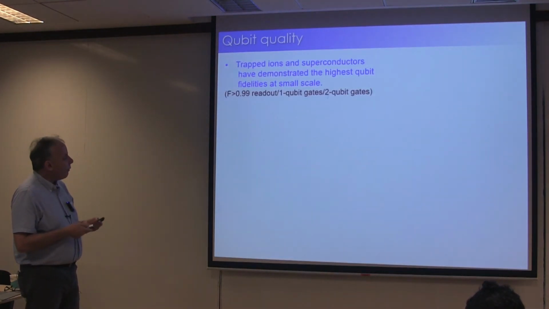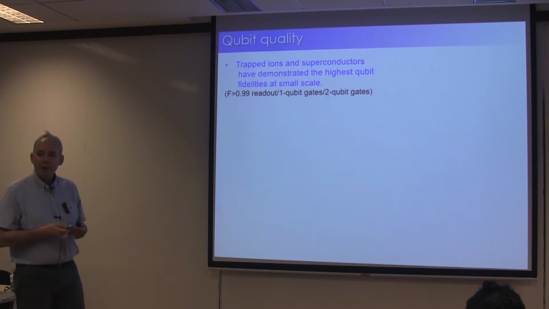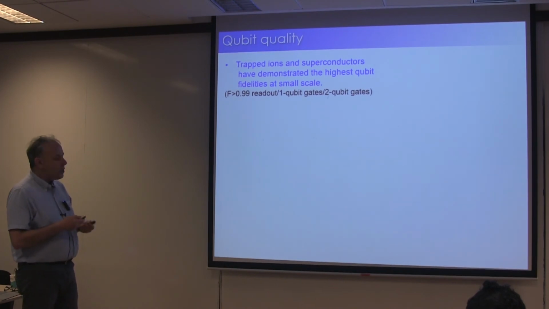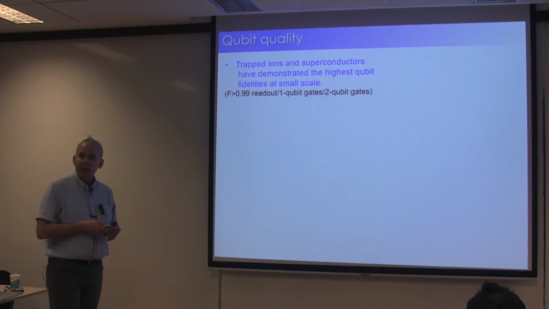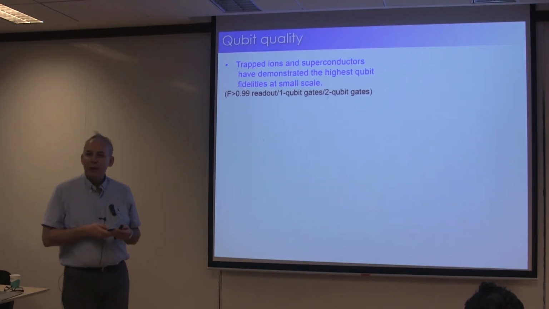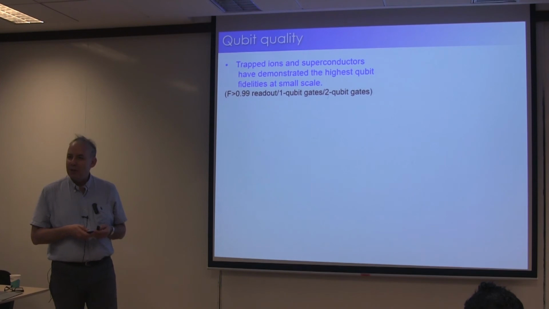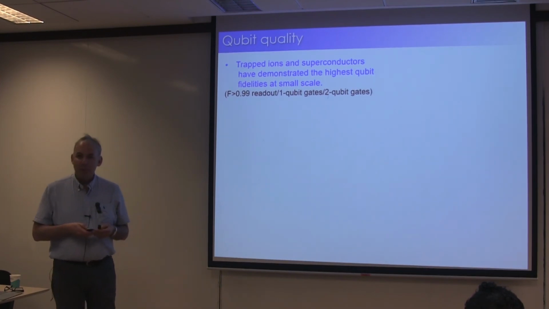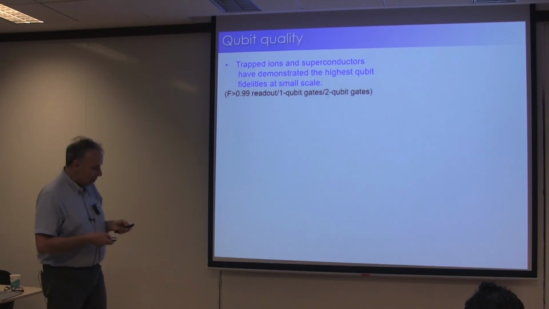Footprint's one aspect. Another aspect, of course, is qubit quality. I hope you'll excuse me for a little bit of advertising here, but the situation in terms of performance of these qubits is more nuanced than you might believe if you just read the popular press, which suggests that you're going to be able to buy a super powerful quantum computer at your local electronics store in the next couple of years.